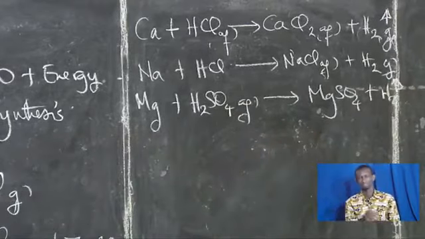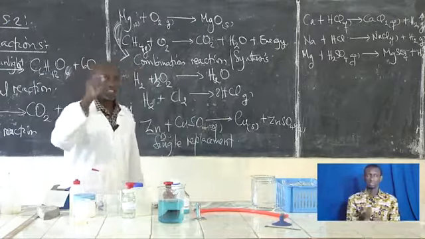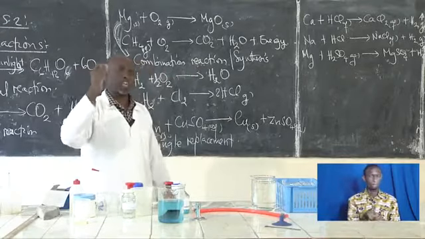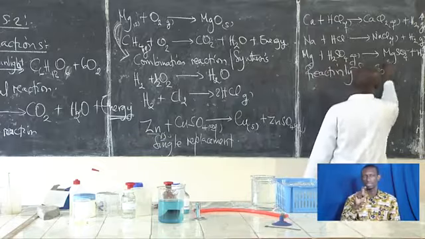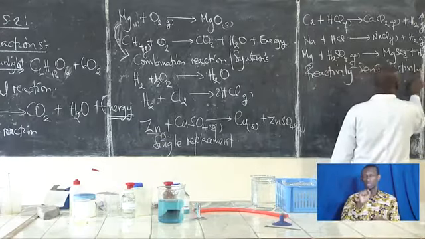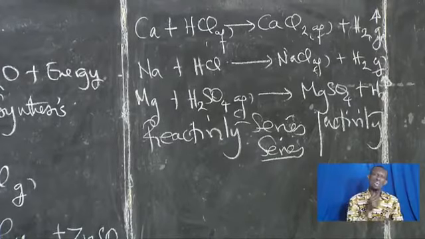But for this reaction to occur, there is something very important that you need to note. These single replacement reactions that we have seen depend on what we call the reactivity series, or sometimes the activity series. The activity series is the arrangement of metals in order of their reactivity with water, with oxygen, or with acids.